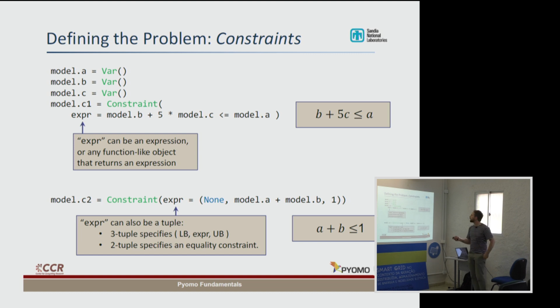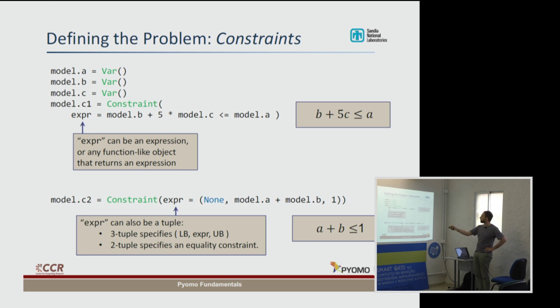The constraints, now we can see the constraints. They are defined the same way. So the model dot a name of a variable equals this Pyomo object called constraints, and inside the constraints I have an expression. Here it's not just an expression, it's an inequality.